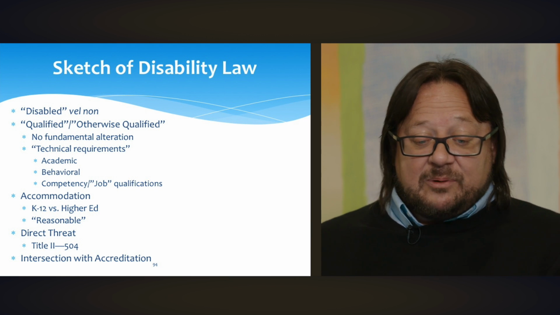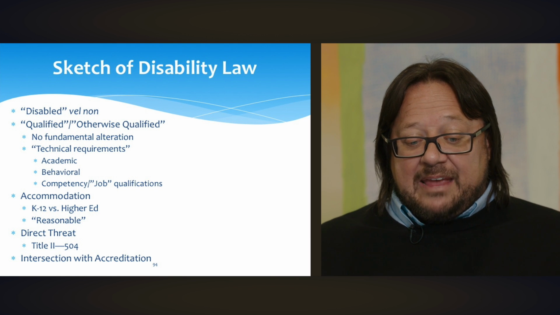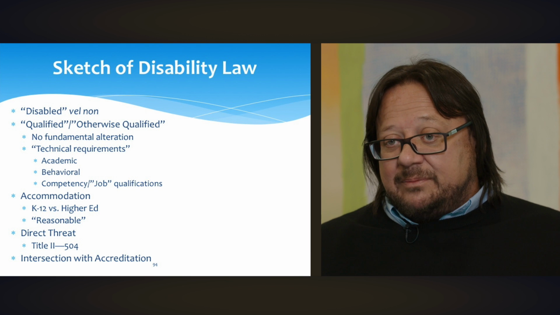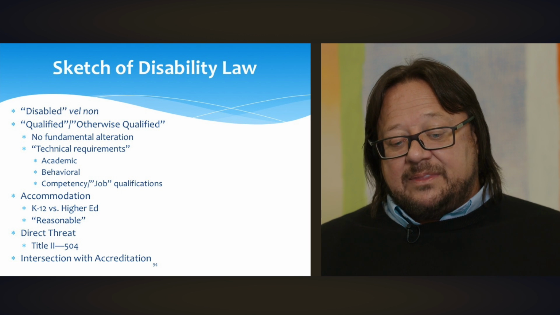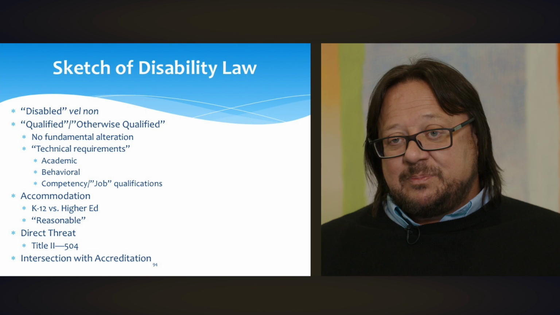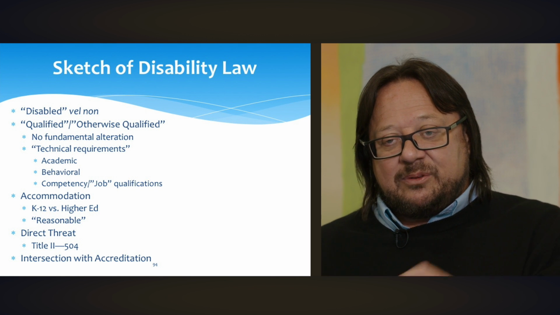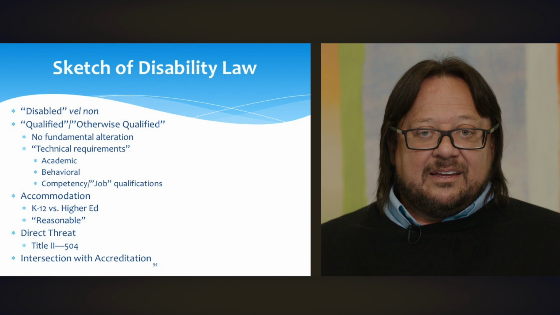Of course, they may also be in violation of your behavioral standards or other standards, but they might not be, and you could ask them to leave because of that. The debate that seems to be brewing right now has been over whether or not direct threat analysis requires threats to others or one can simply pose a threat to oneself.